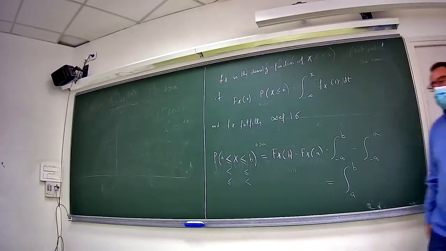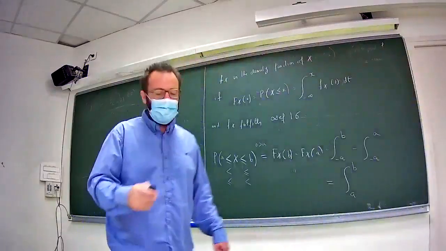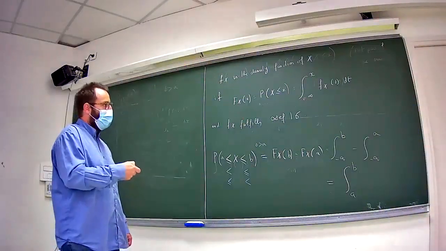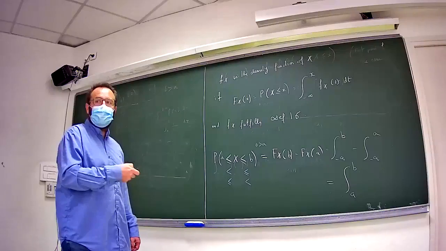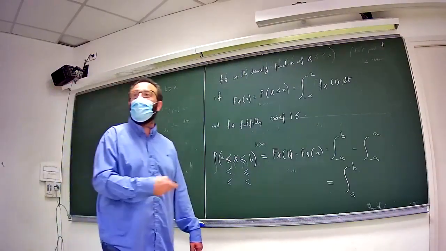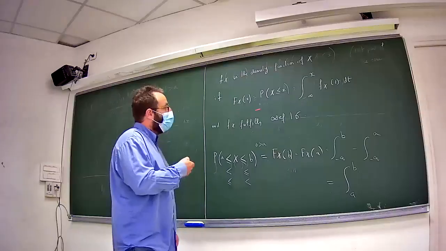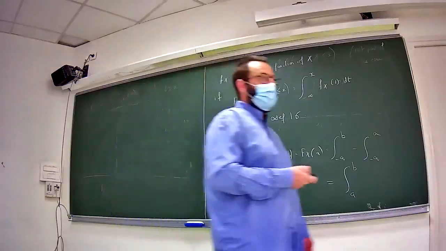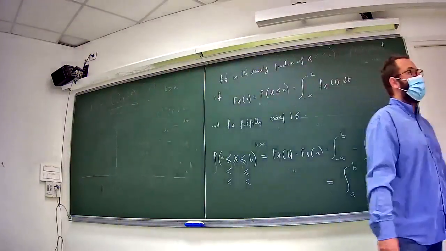But in general, if you start from this one and try to prove that you can put it in this form, it may be a little bit tricky in practice. So we are going to have other ways to do it, just using basically the definition. It's the aim of proposition 12.